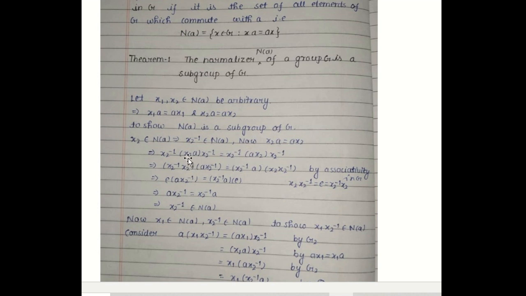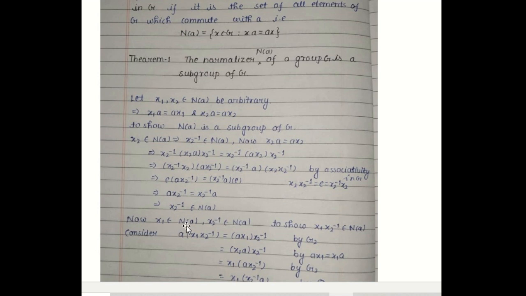We multiply by x2 inverse on both sides, on the pre-multiplication and post-multiplication, and now we are using associativity. So we have proved that ax2 inverse is equal to x2 inverse a. That means if x2 commutes with a, then x2 inverse will also commute with a, or if x2 inverse commutes with a, then it will be in N(a). So x2 inverse belongs to N(a).